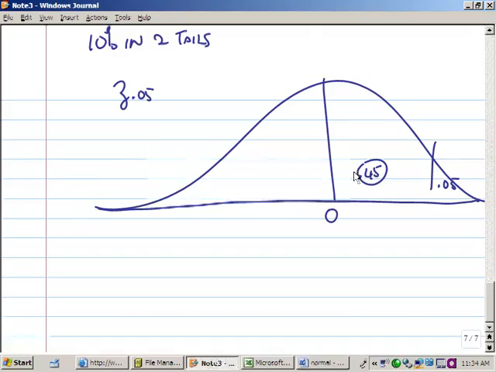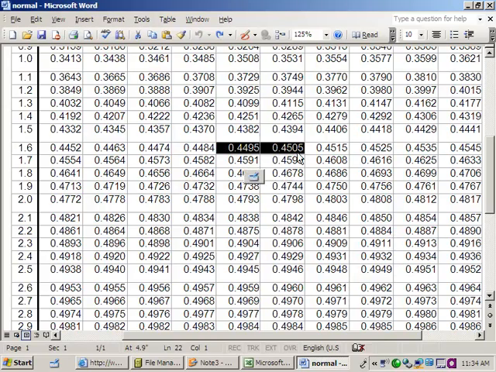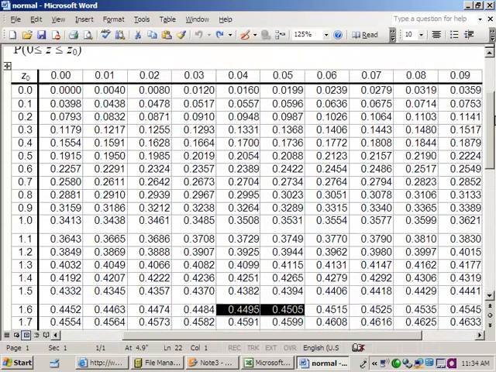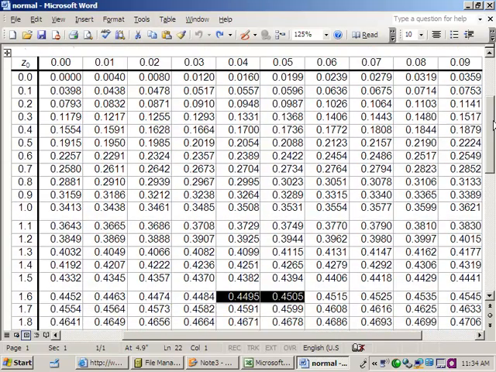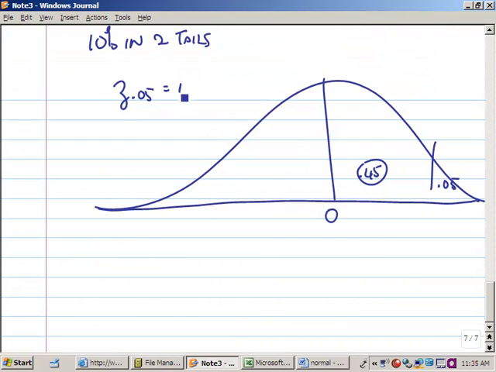So we look up 0.45 in our chart, and 0.45 is here. It's either 1.64 or 1.65, and again, to be safe, we'll just use 1.65, and that's about it for the ordinary types of areas that we'll find in the tail.